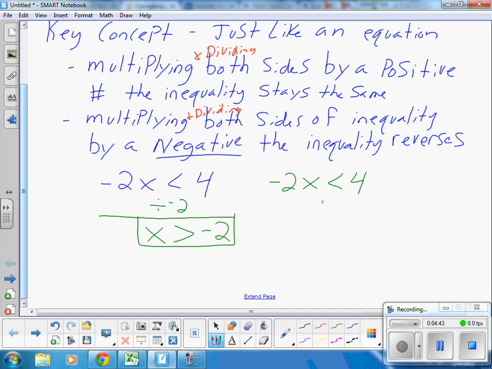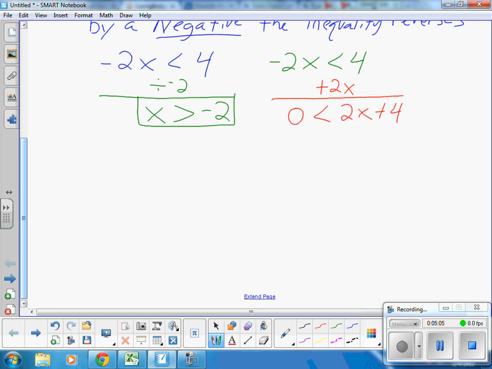When I add a 2x to both sides, I get 0 is less than 2x plus 4, or 4 plus 2x. Now I have an added 4 on the same side as my 2x, so I'm going to subtract the 4 from both sides. So I get a negative 4 less than 2x.